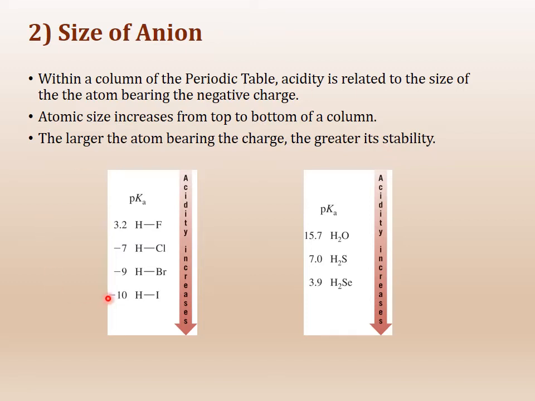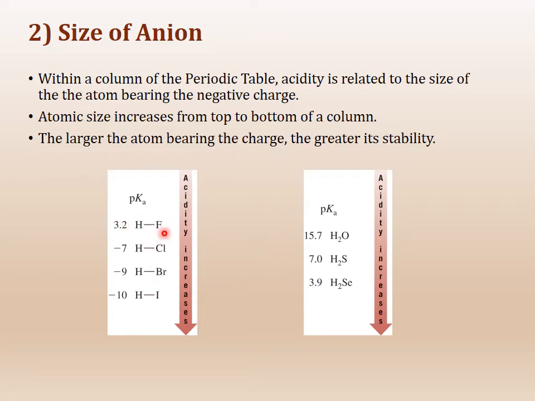So here is an example of the halogens: hydrofluoric acid, hydrochloric acid, hydrobromic, and hydroiodic acid. Hydroiodic acid is one of the strongest acids in this case because the iodide ion can really take that extra negative in it, because it's a huge anion, it's a huge atom also.